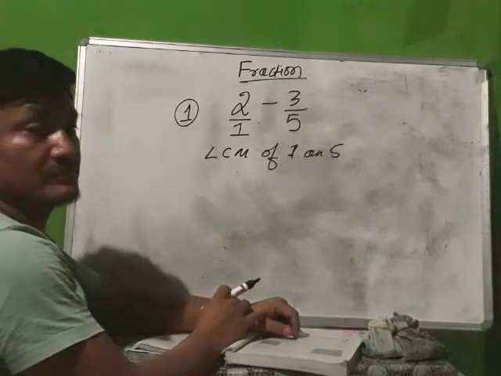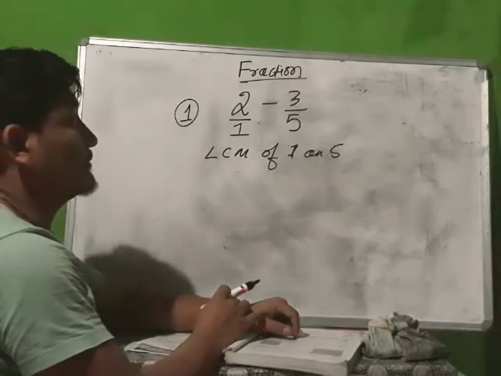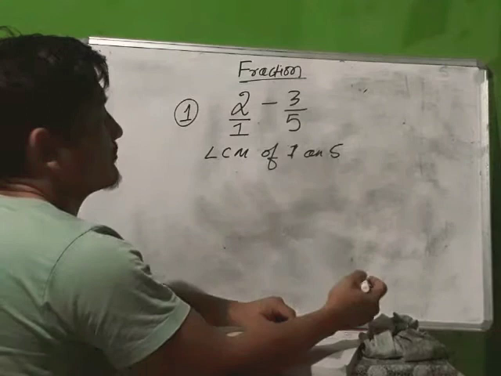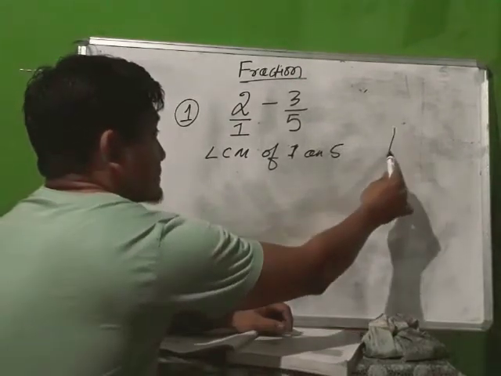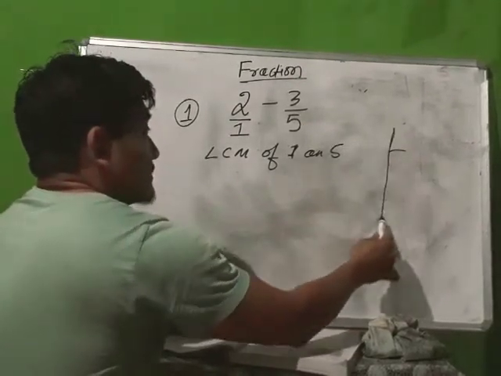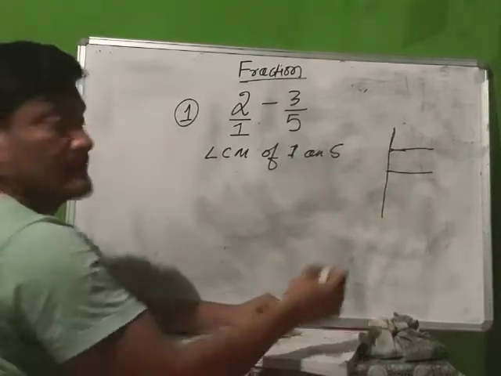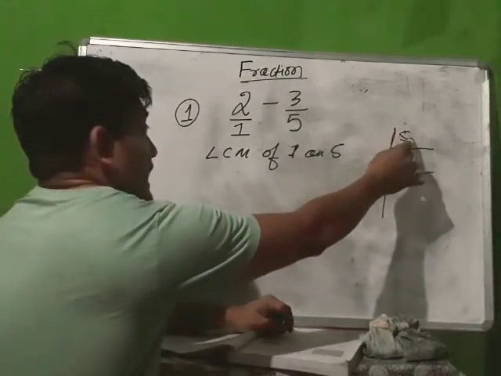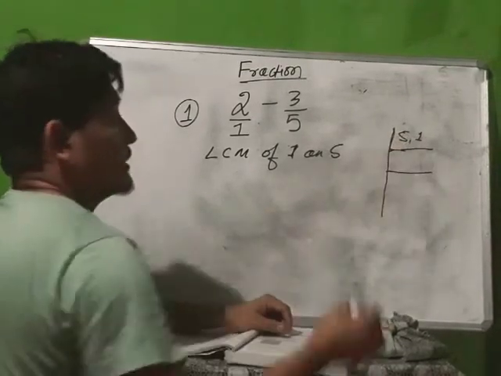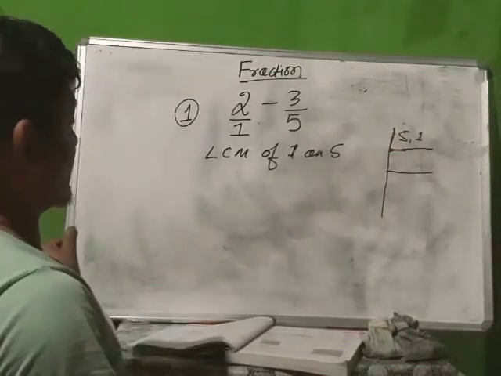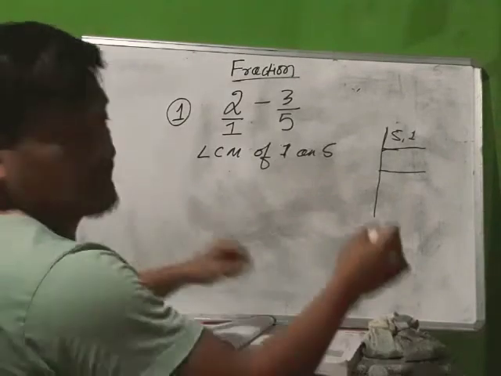How are you going to find the LCM of 1 and 5? Getting the LCM of 1 and 5 is very easy. Here you need to write 5 and 1. I hope you all can see the board clearly.